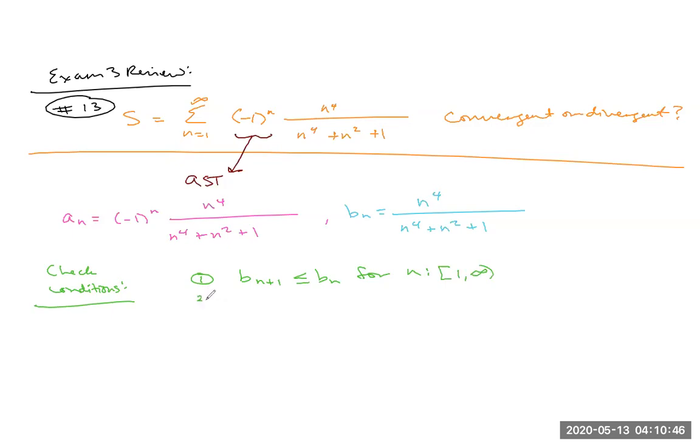And then 2, that the limit as n goes to infinity of B sub n is equal to 0 for the same n values. And if both of those check off, we can go ahead and make the statement that S is a convergent series.